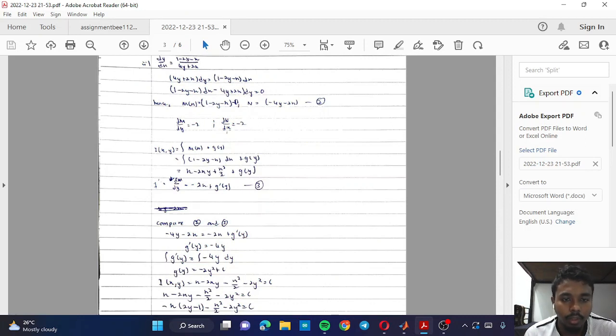For this question, I get this answer, and this question is an exact equation, and it's still a first order differential equation. Alright, so I will show you the simulation.